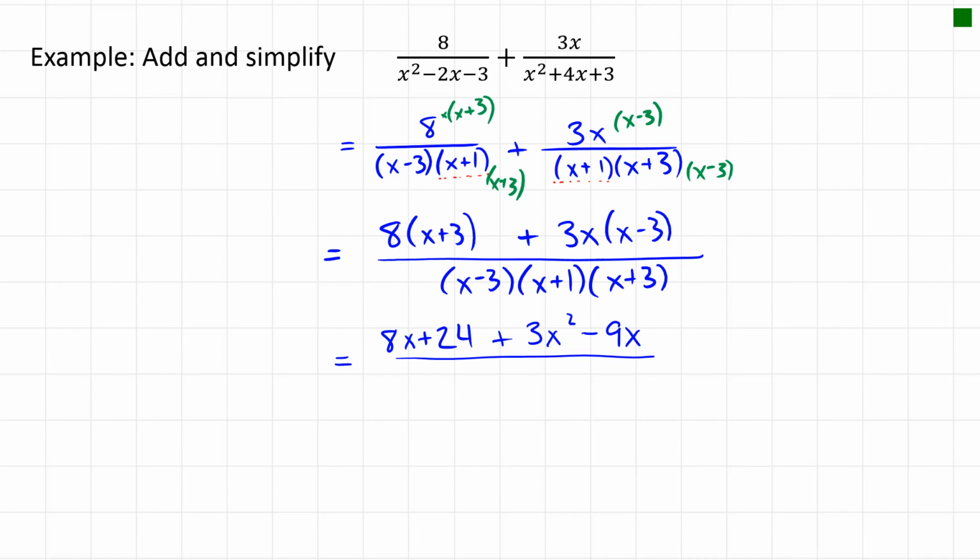What I often do in the intermediate steps is I don't rewrite the 3 brackets just because it's not worth my time. So I'm just skipping over that so that I can simplify this as quickly as possible. And minus, so 8x minus 9x is minus 1x, so minus x plus 24.